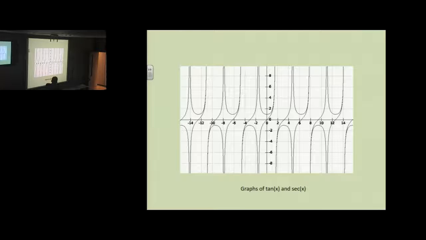So, for example, I have here the graphs of tangent x and secant x, and now I can explain to them what concavity is, what the point of inflection is, and what maxima and minima, domain and range of these functions are. It's very clear.